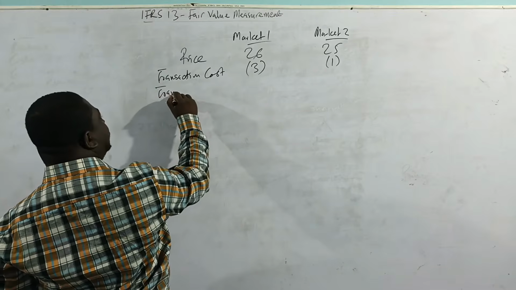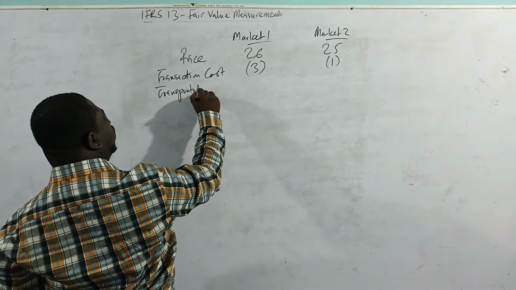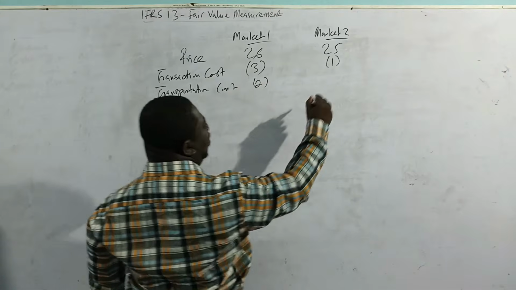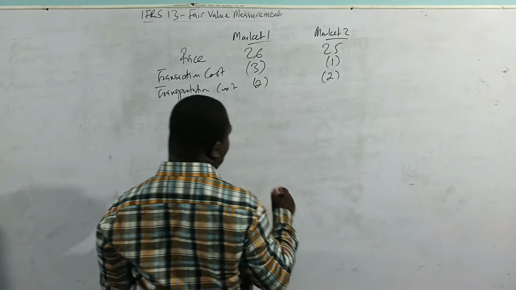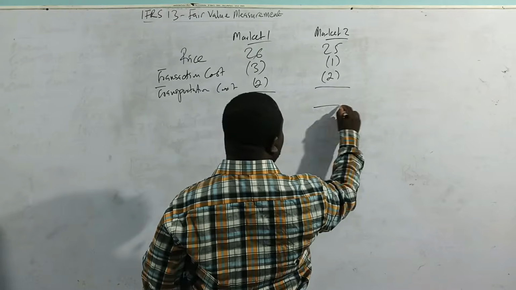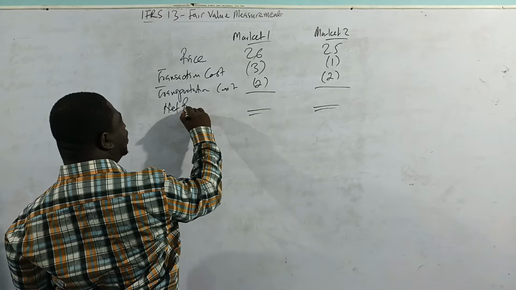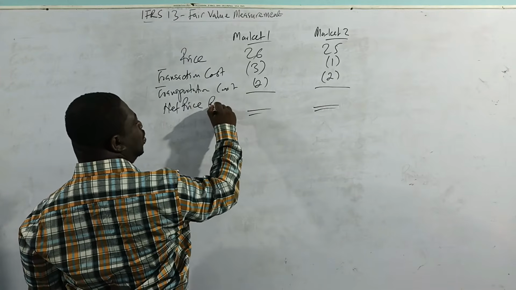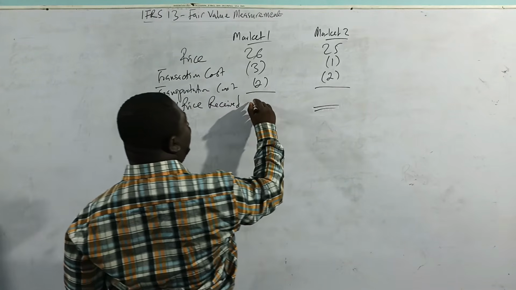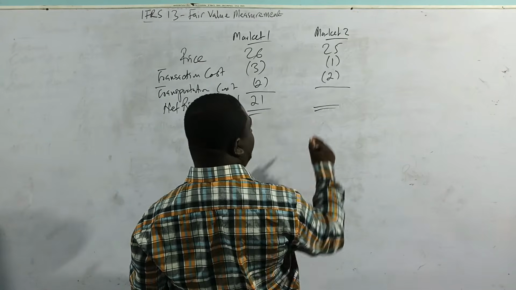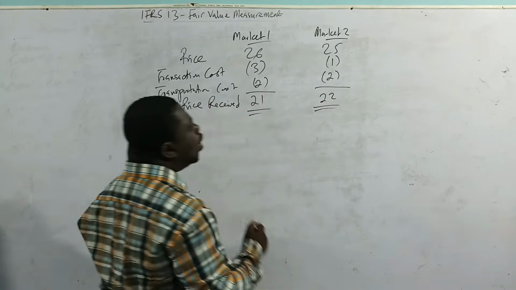And then there is transportation cost, which is 2 cedis for market 1 and 2 cedis for market 2. So giving us a net price to be received of 21 cedis for market 1 because we are subtracting the cost, and then 22 cedis for market 2.